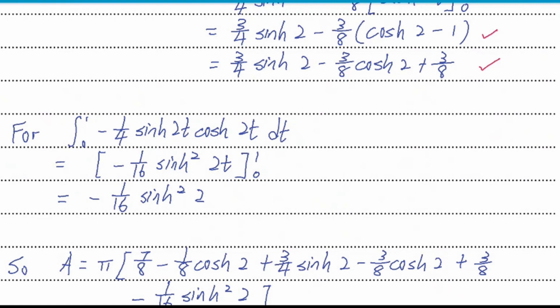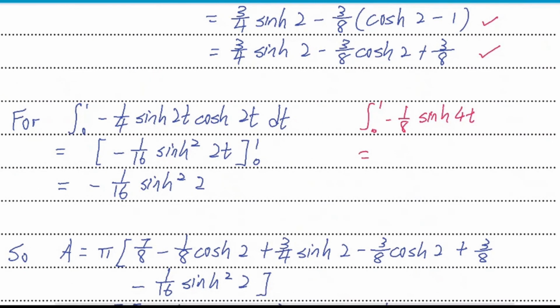Or another way you could do it is to change to sine 4t, which is negative 1 over 8 sine 4t, because this is a double angle formula, then you integrate accordingly from that.